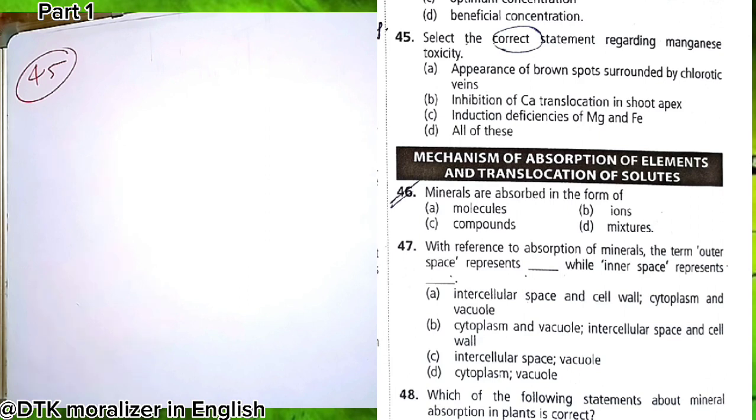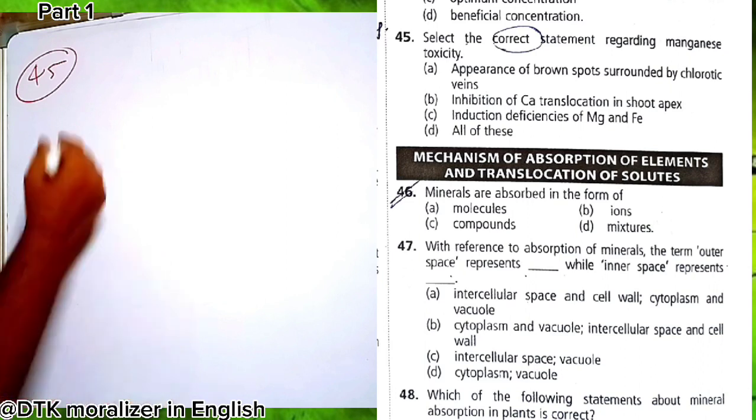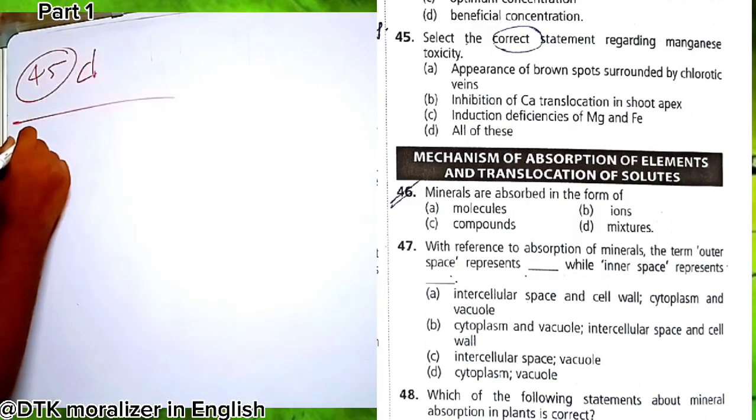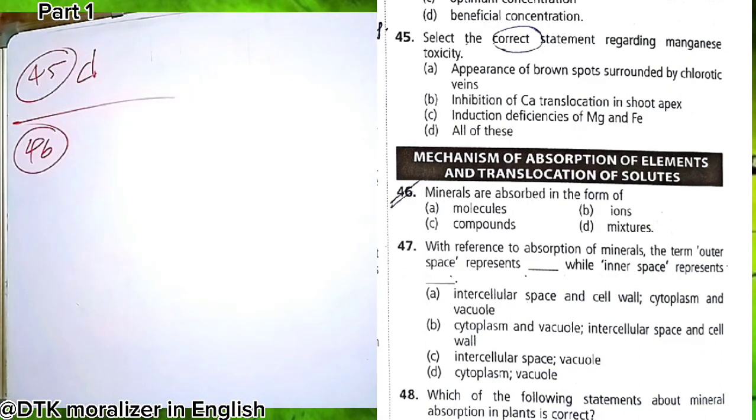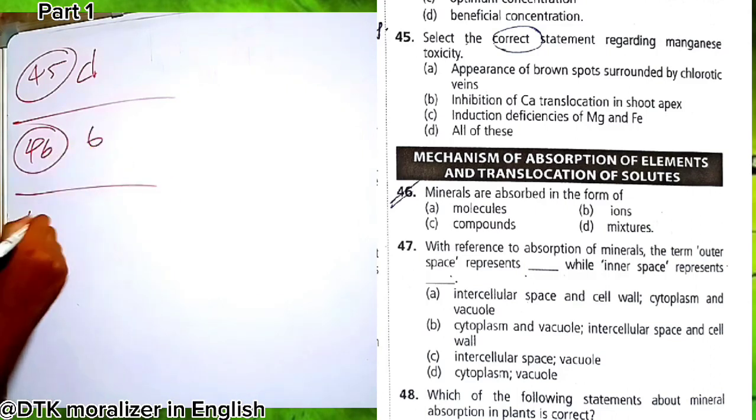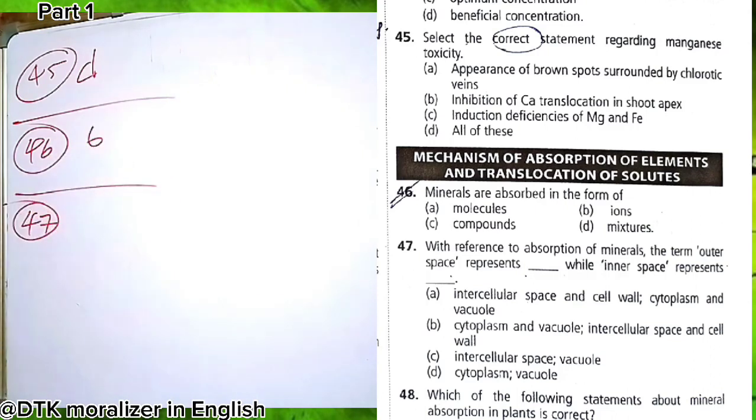Here, as you can see, appearance of brown spots surrounded by chlorotic veins is also a symptom. So option D. Now question number 46. Minerals are absorbed in the form of molecules, ions, compounds, or mixtures. As you know, ions. Now question number 47. With reference to absorption of minerals, the term outer space represents dash while inner space represents dash.